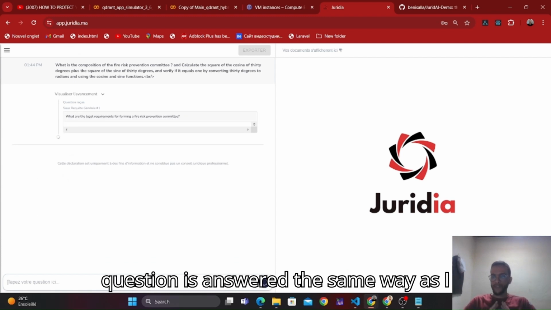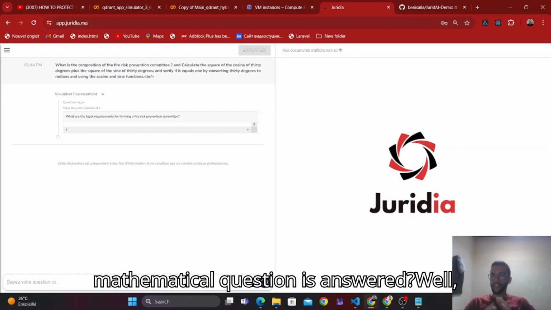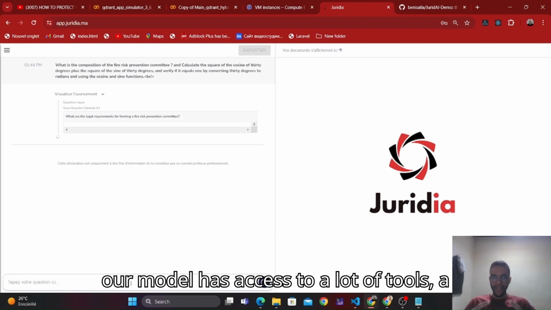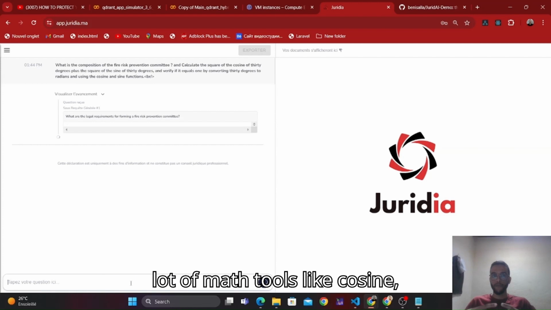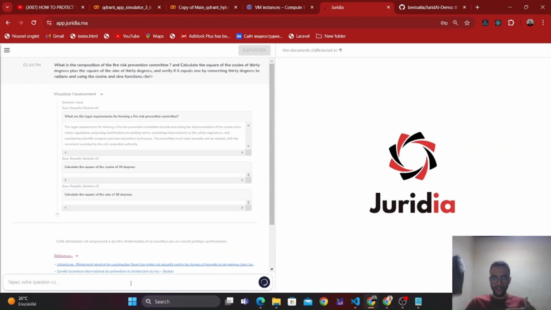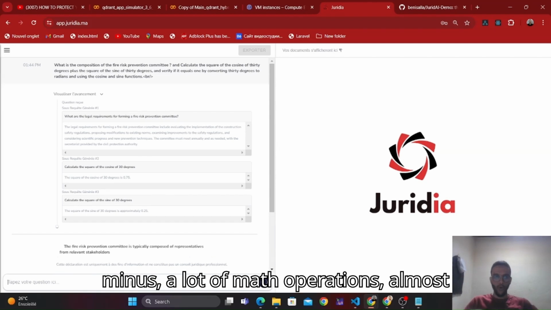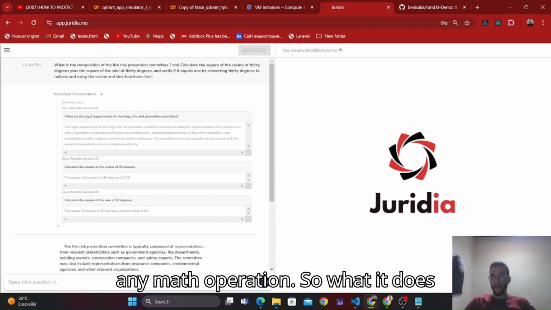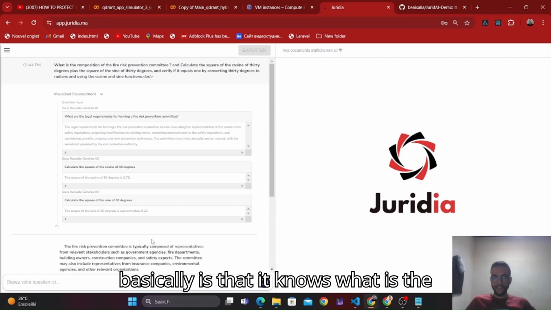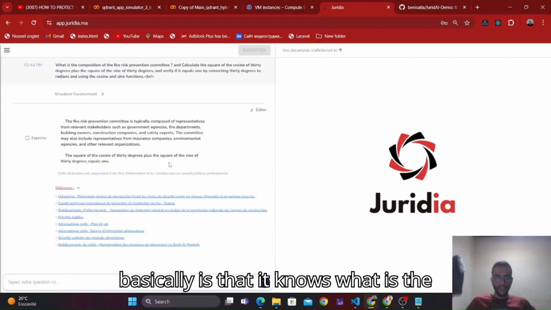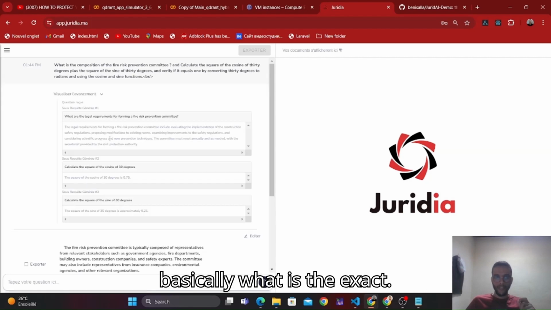The first question is answered the same way as I explained before. But how is the mathematical question answered? Our model has access to a lot of math tools, like cosine, log, exponential, plus, minus, almost any math operation.